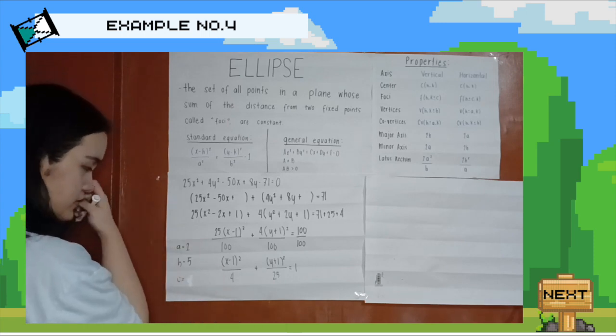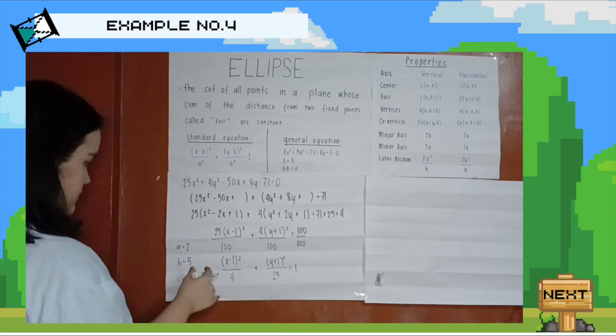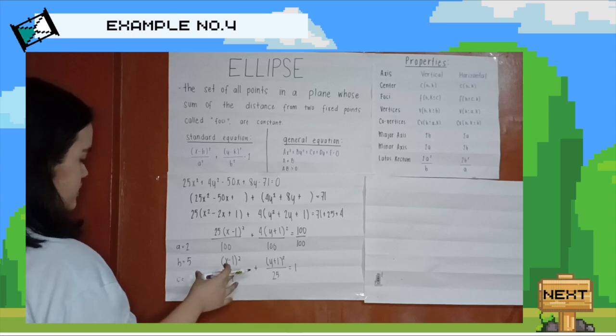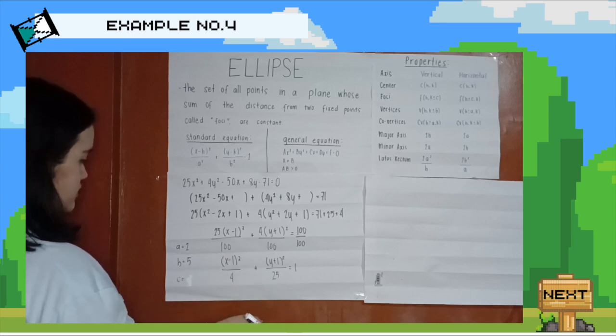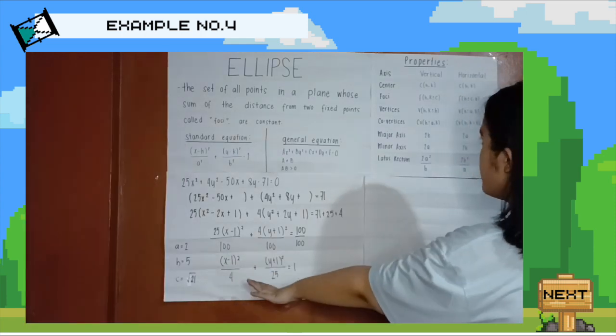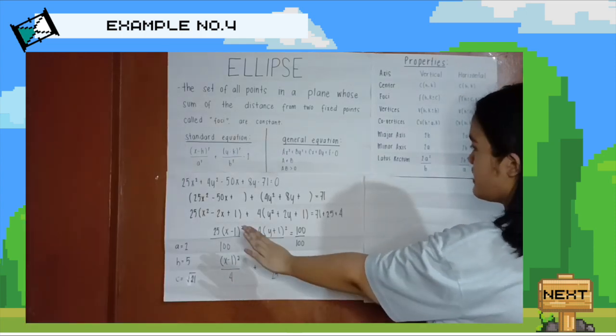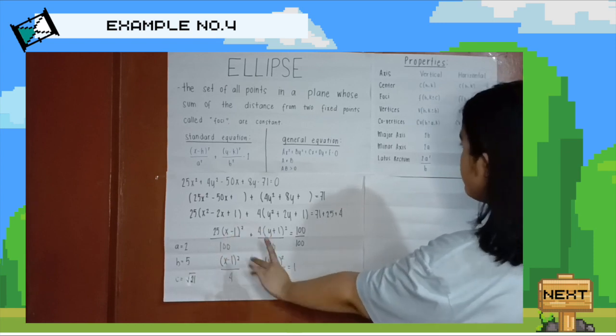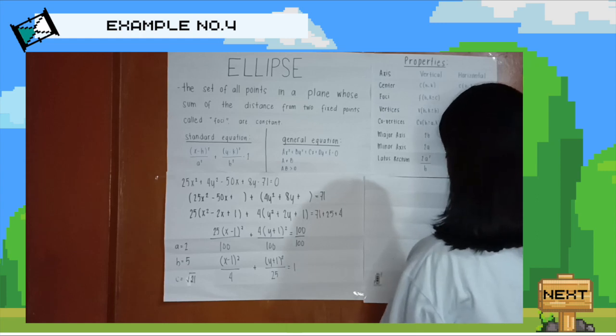So 25 minus 4 is 21. B is higher than A. We can say that this ellipse's axis is vertical.